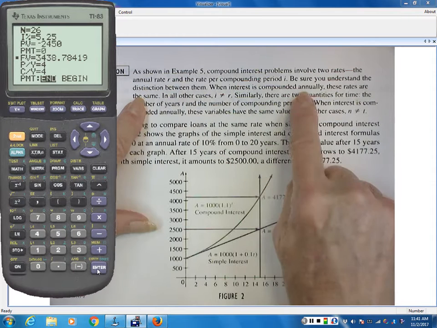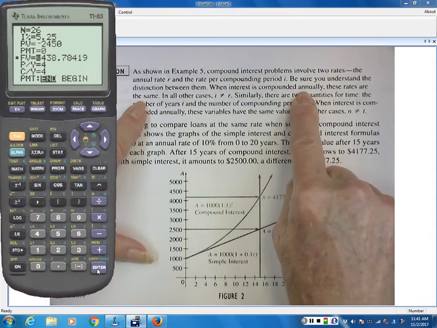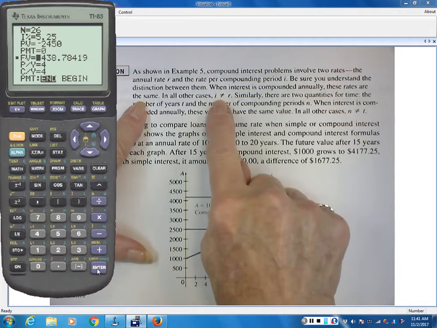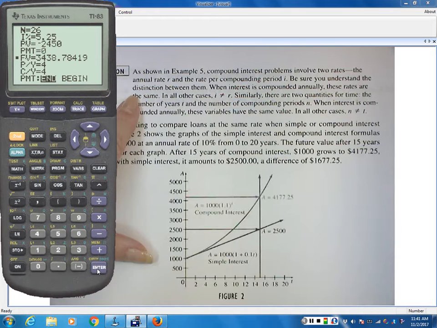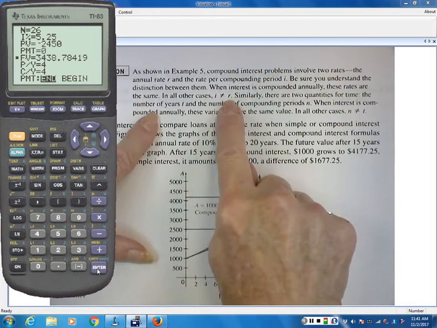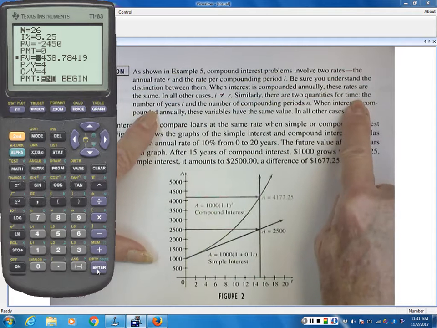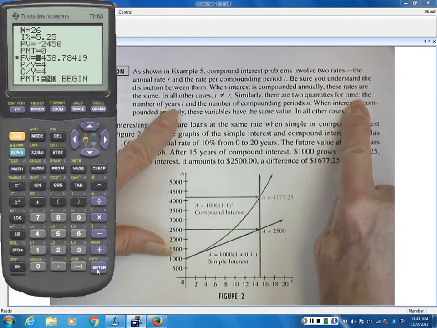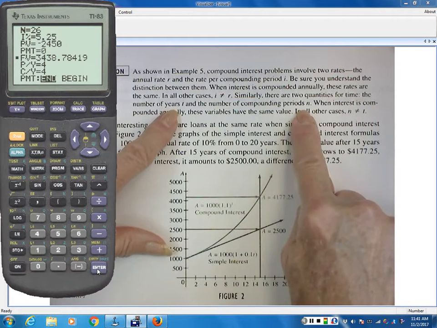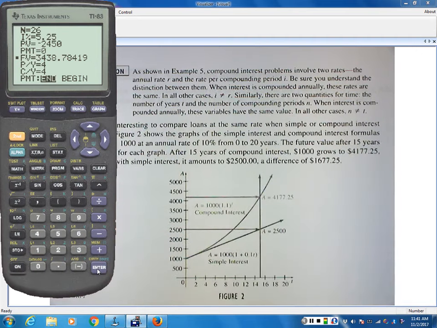If you're compounded annually, then that rate is going to be the same as I. But in all other cases, it's not. So you have to have the quantities for time, which is T, and the number of compounding periods N, and then once you give it the right information, your calculator will adjust and find I.